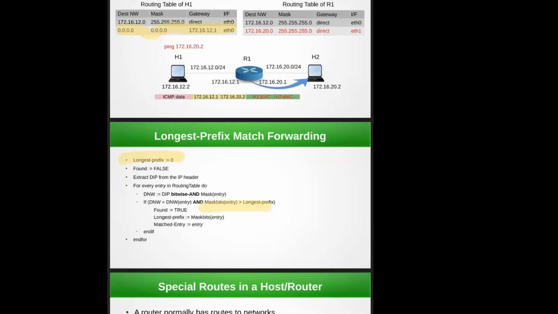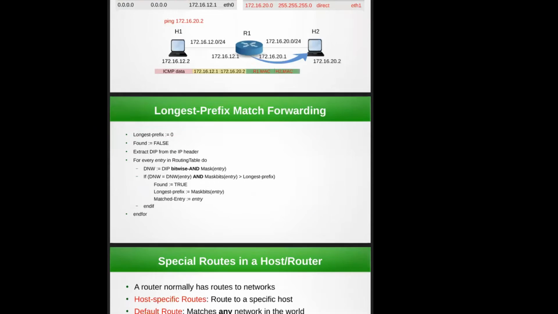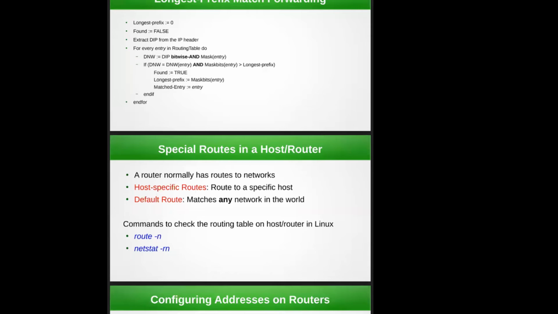Okay, so that's basically what is longest prefix match. Once we understand this, then we can answer questions, right? So I just wanted to specify that you can have what are called host specific routes. A host specific route will have a net mask of all ones.